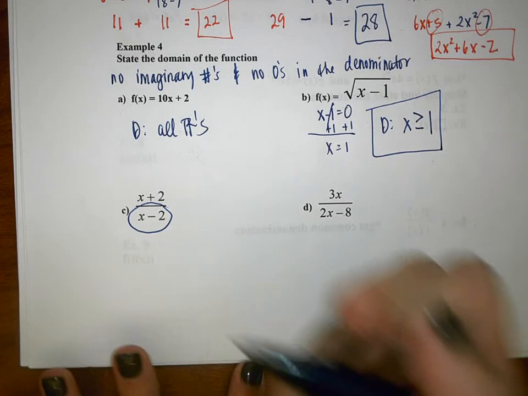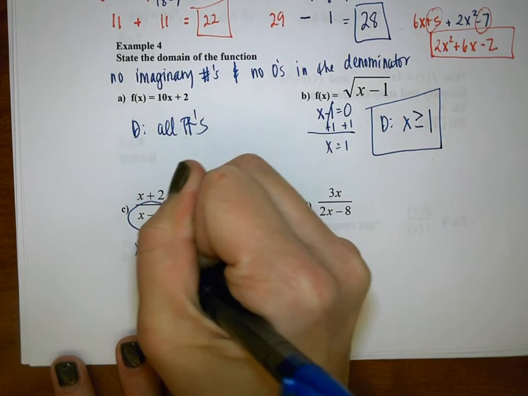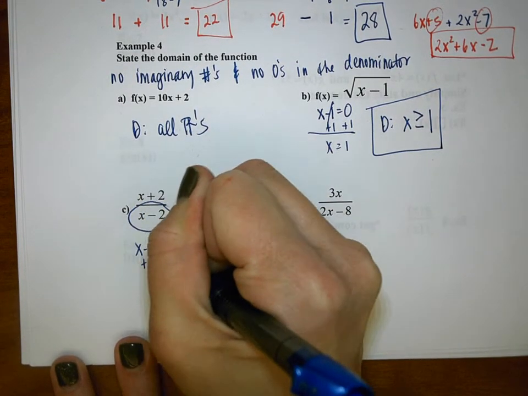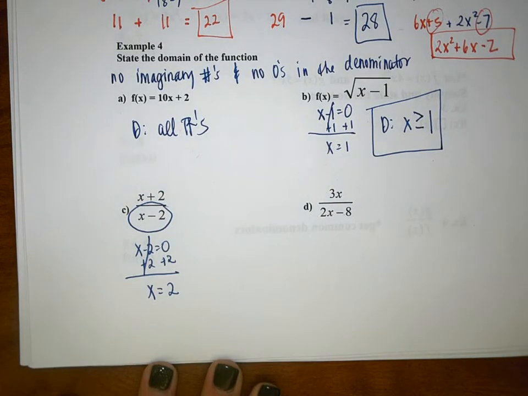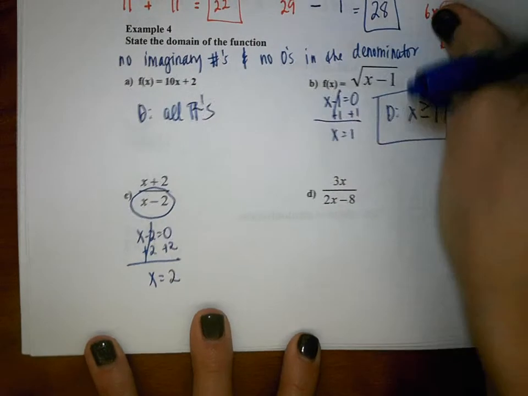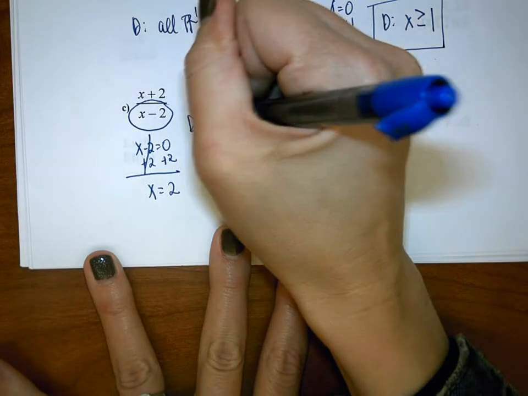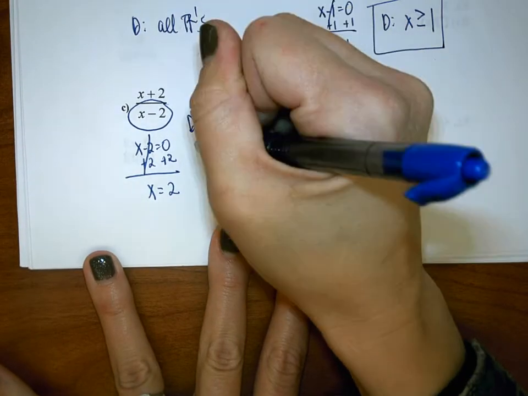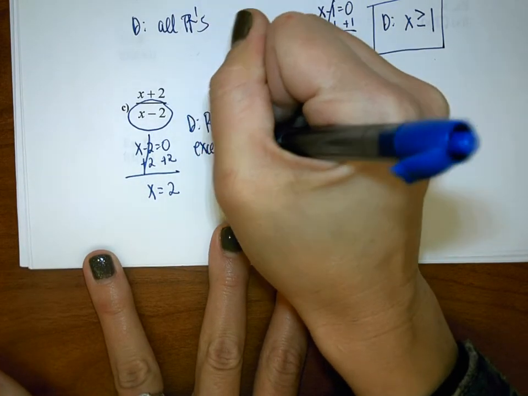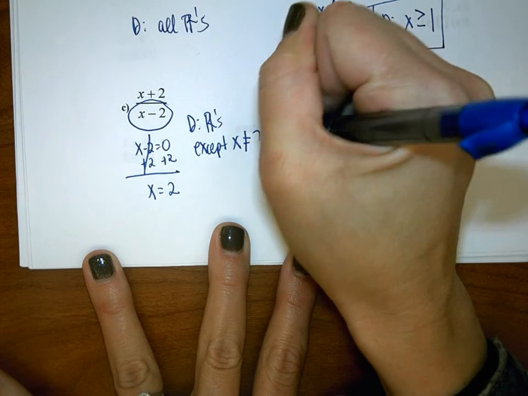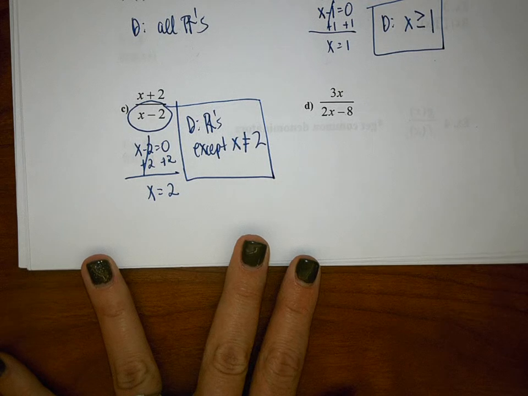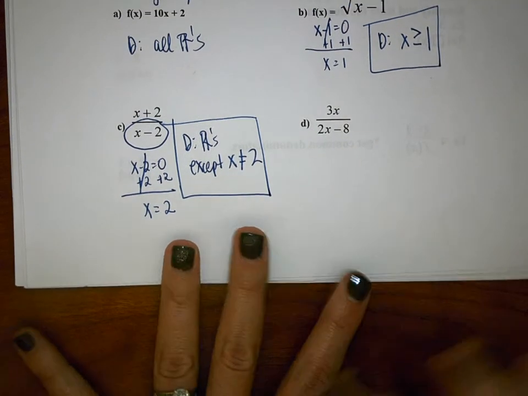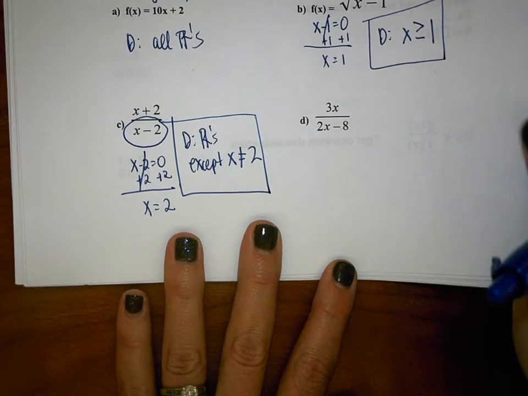So if you go x minus 2 equals 0, the only value that would make a 0 in the denominator is 2. So for this domain, it is all reals except x cannot equal 2. Any number for this will work except for 2.